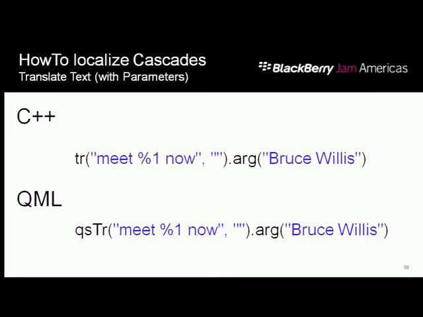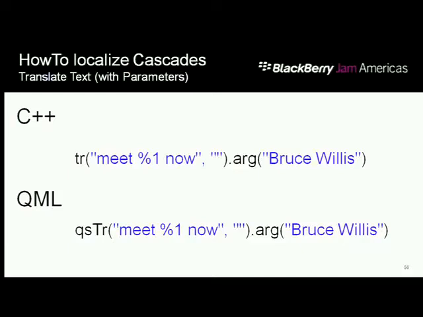Next part, in many cases, you need parameters. Perhaps you have to pay some value in some days. So we have two parameters, and we want to change and translate this. And the order of the parameters can be different in different languages.